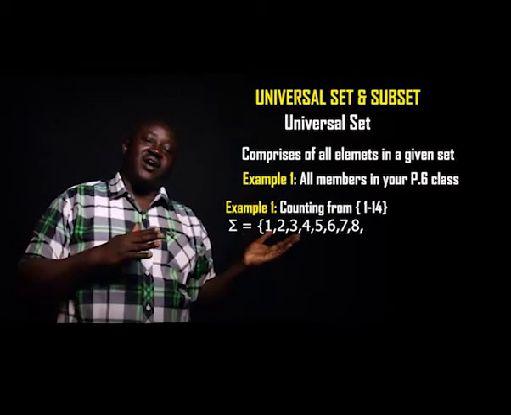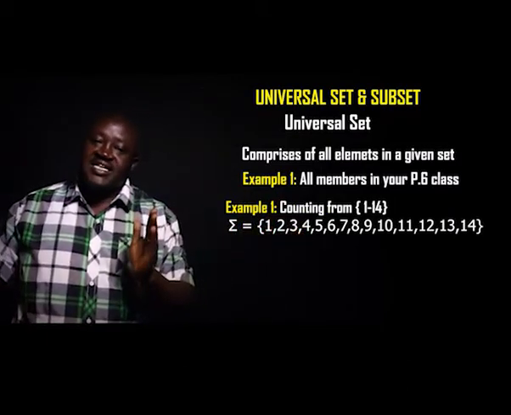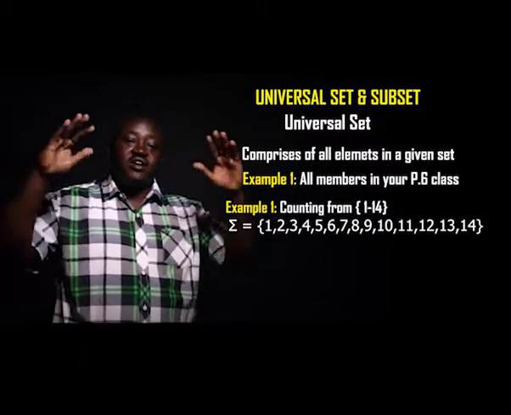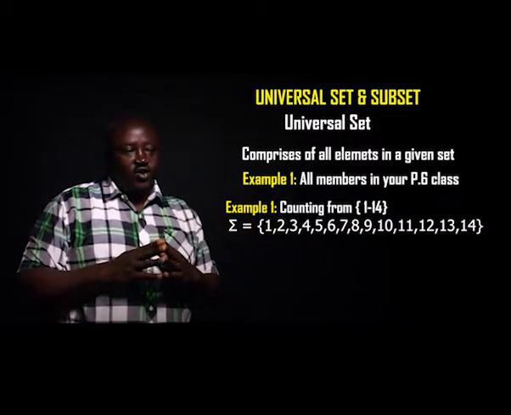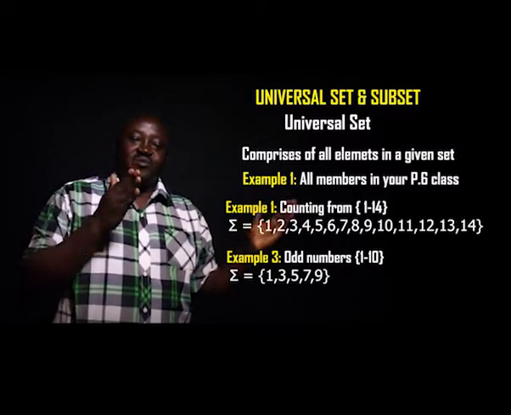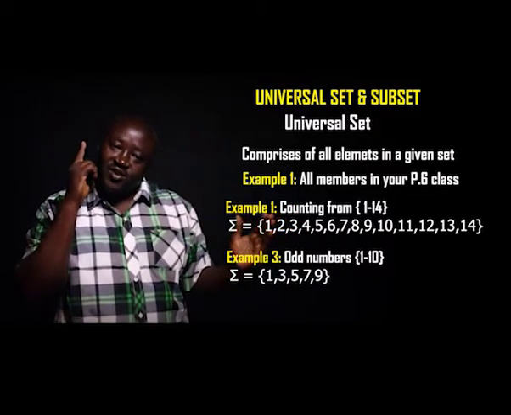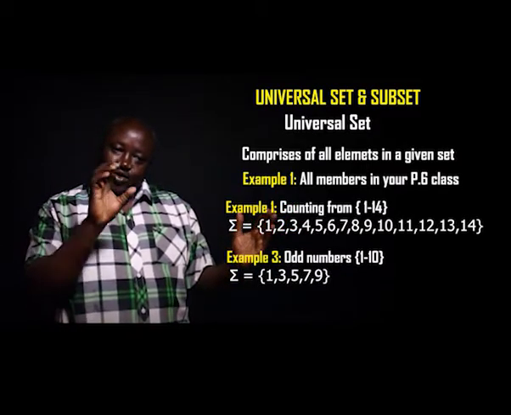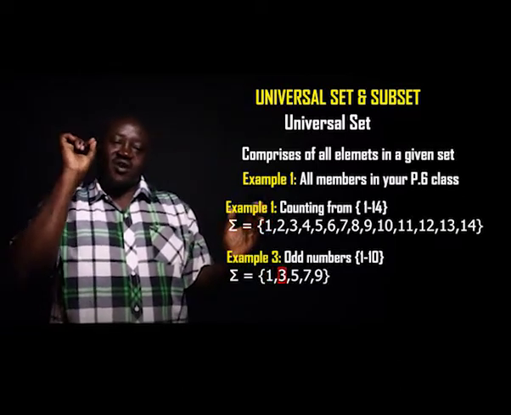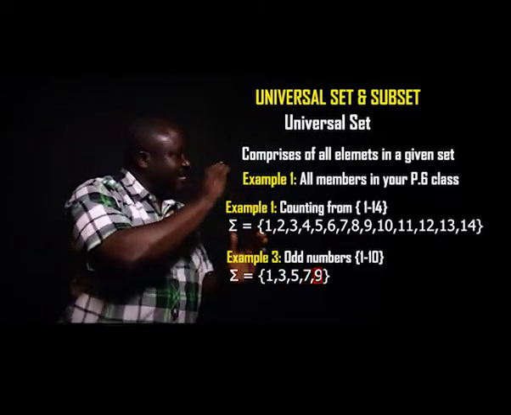Or another example can be counting from 1 to 14. So 1, 2, 3 up to 14 is the whole universal set. Or you can have odd numbers from 1 to 10. Of course, you know 10 is not an odd number. So you have 1, you have 3, you have 5, 7, and 9.